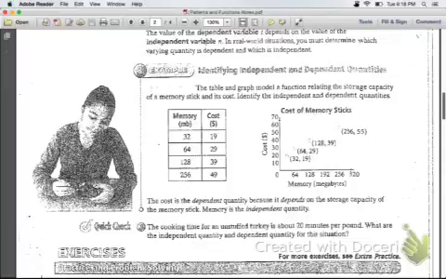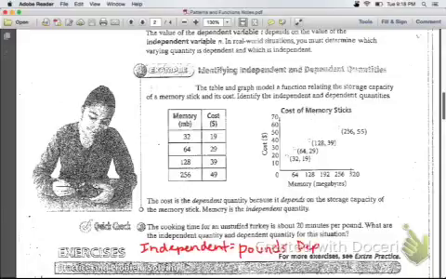So let's think about that. Independent equals the pounds, right? And dependent is the cooking time, because it depends on how big the turkey is, right?